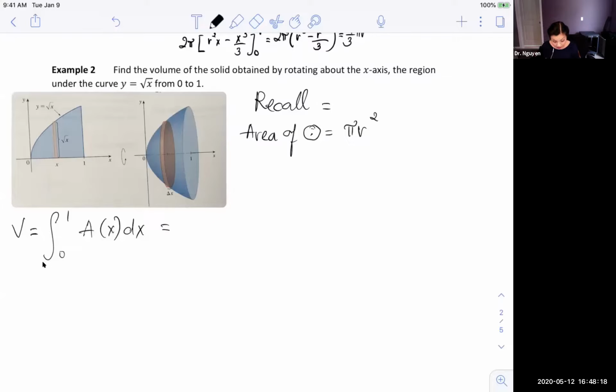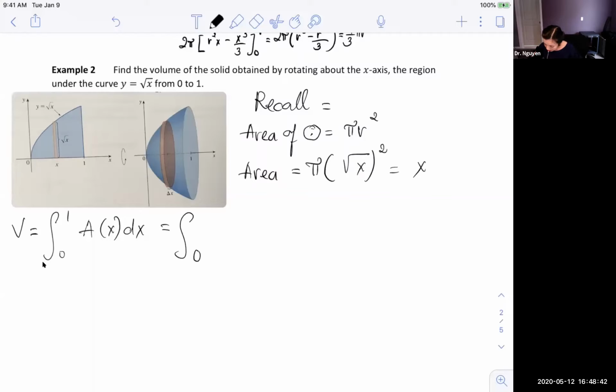So R in this case is square root of x, right? So for our equation, the area is gonna be pi times square root of x, which is r, squared, which is just x, right? So now I'm ready to plug it in.